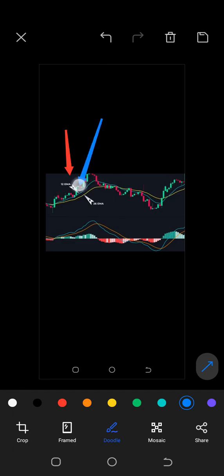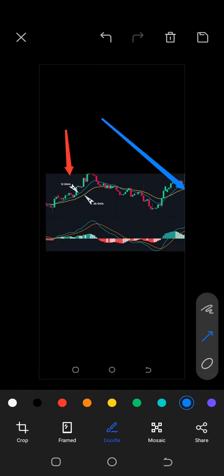When it's above the 26 EMA, the MACD line will be above the zero line. You have the zero line in the middle. It's like it divides it into two.